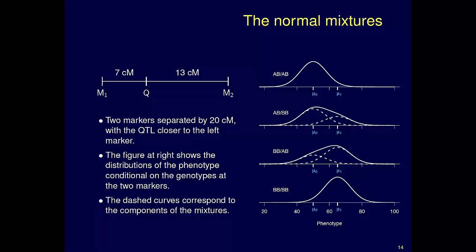What our data will be, we'll know who these four groups of animals are, and we'll have a histogram of the phenotypes within those four groups. We won't know these underlying distributions, but we can use what's going on here to estimate those two underlying averages.